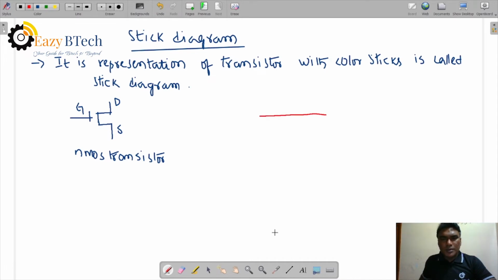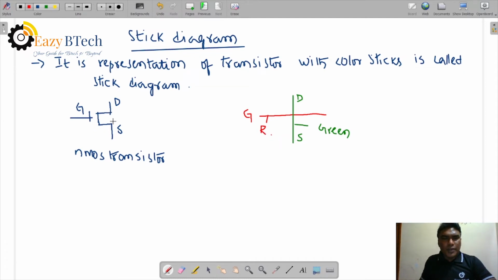The representation is red over green. This is the drain terminal and source terminal, the color is green, and this one is the gate terminal, which is a red color.